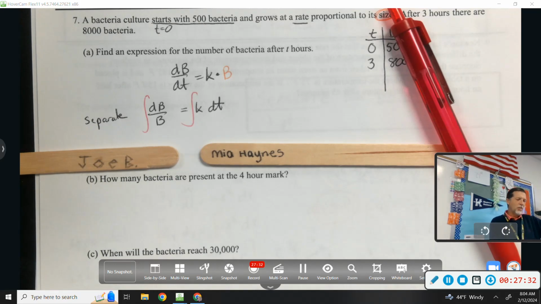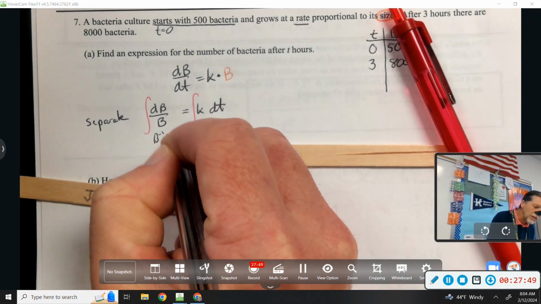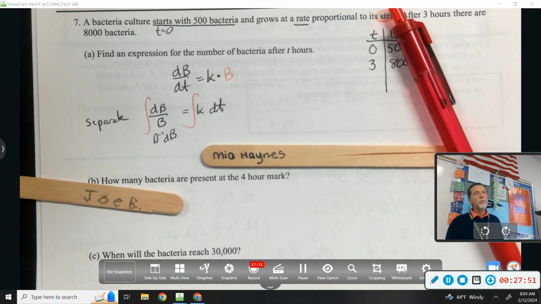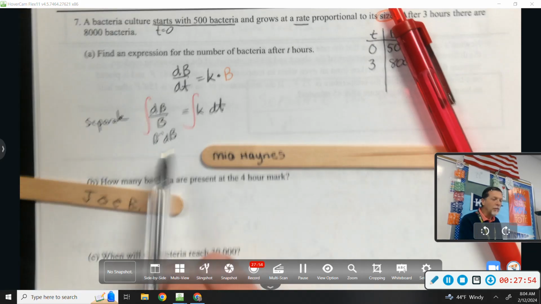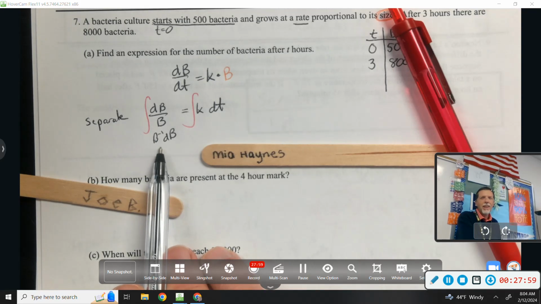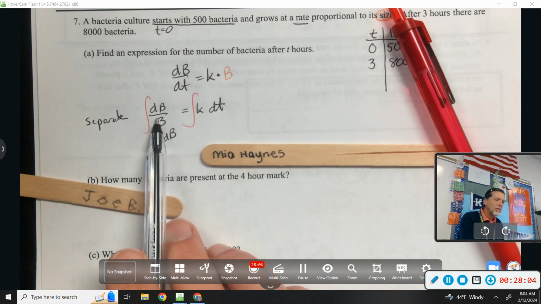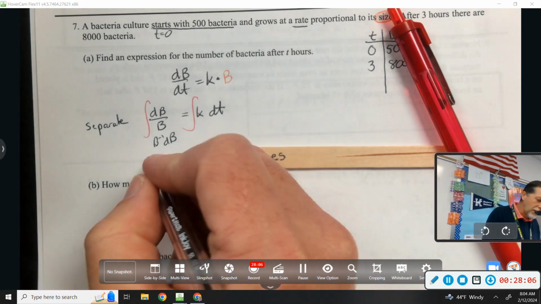Joe, how about the antiderivative of dB over B? Good. That's kind of the tricky one because people frequently want to write that as b to the negative 1 dB, which isn't wrong. And then they try to use the power rule, and that wouldn't work. If you try the power rule, you get b to the 0 over 0, and hopefully you realize, wait a minute, that can't be, dividing by 0. So this is the special case where it's natural log of b.